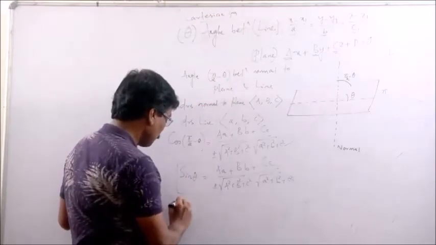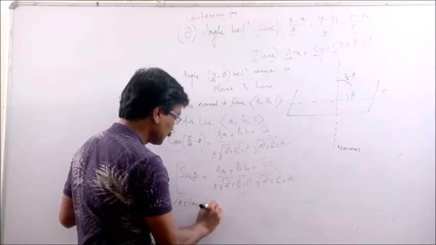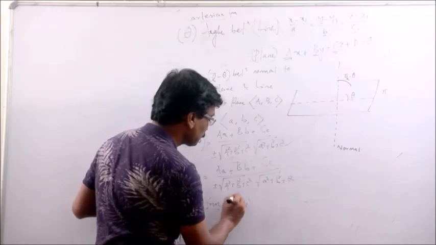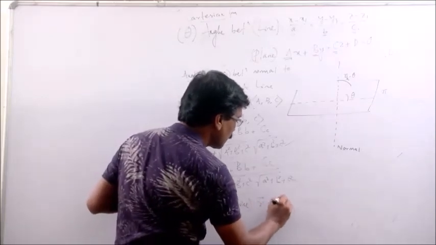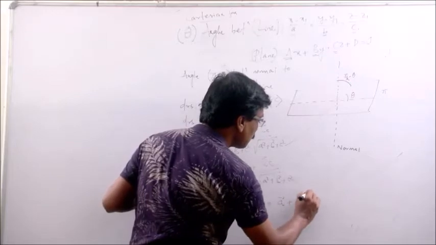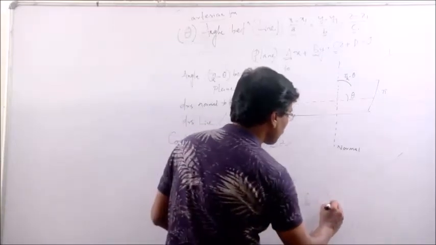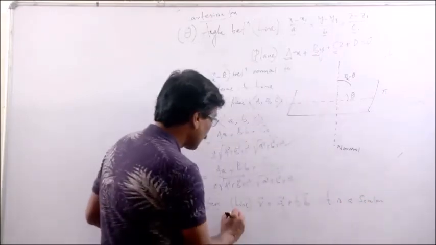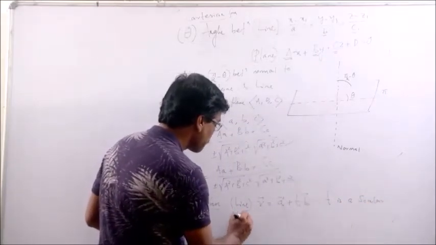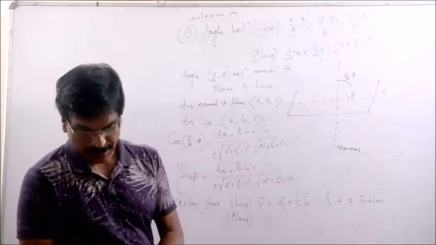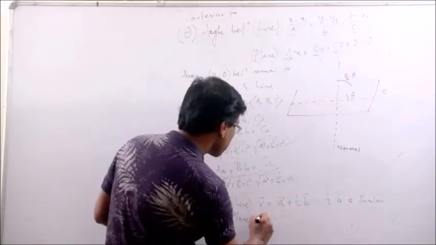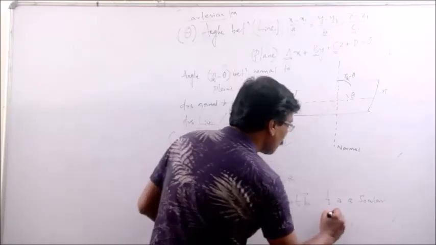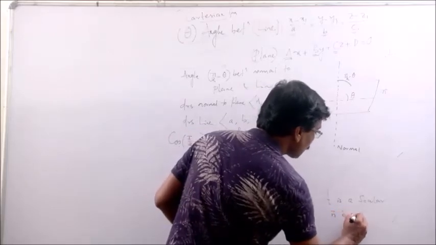In vector form, the line is represented by r is equal to a vector plus t times b vector, where t is a scalar or a constant, and a plane is denoted by r dot n vector is equal to d, where n vector is normal to the plane.